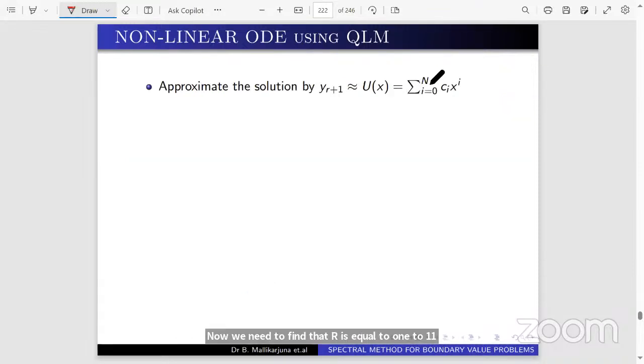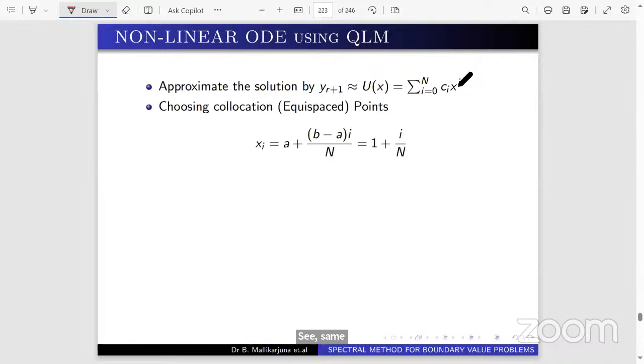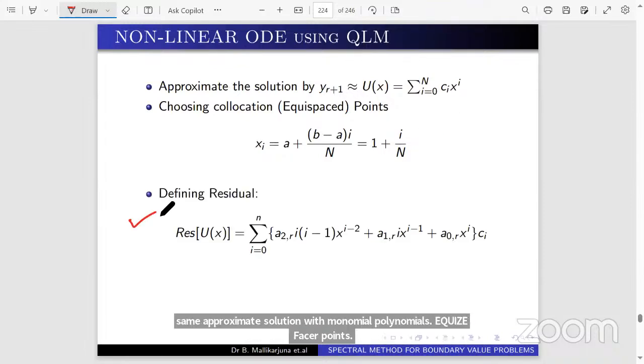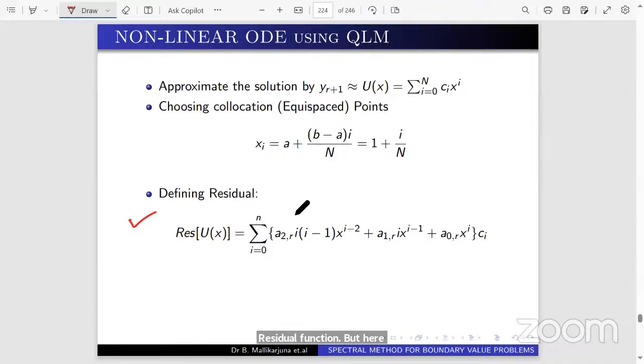See, the same approximate solution with monomial polynomials, equispaced points, residual function. But here, what is the other thing we additionally get? The rth level. Here the rth level, here the rth level. If it is linear, this rth level should not come.